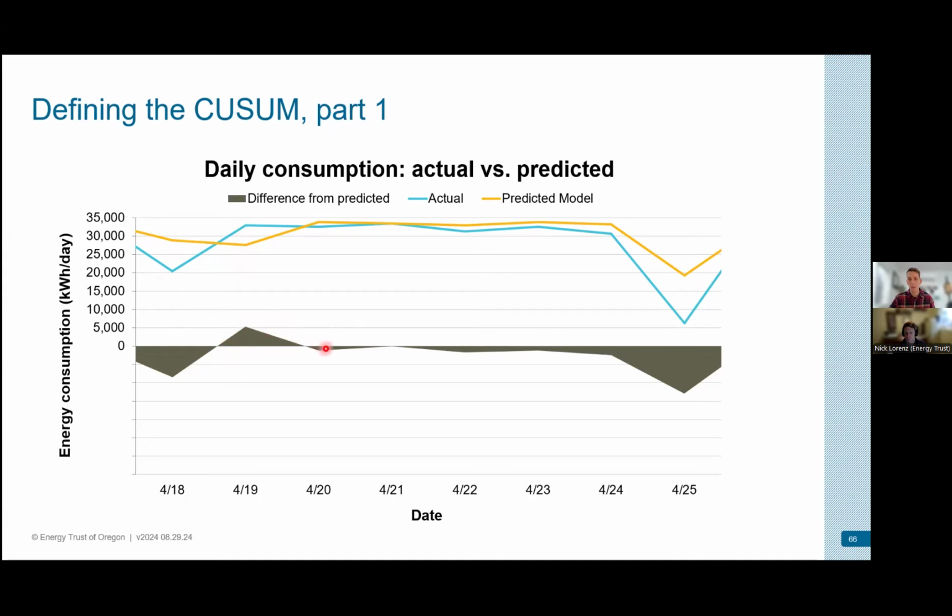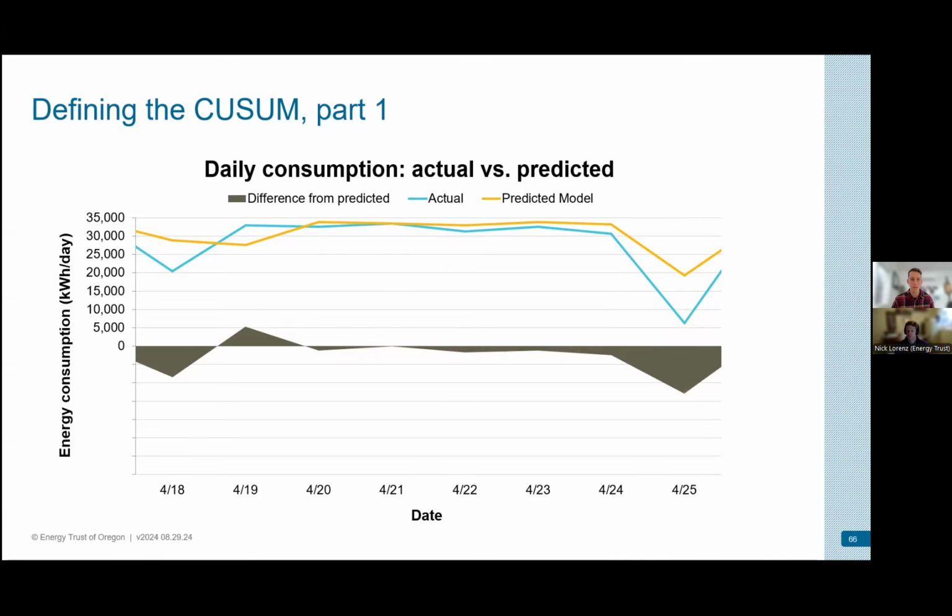They then go into a several day period where the two are very close. Now, actual is generally below predicted, so we see a very narrow band for daily savings until the end of this series when they have this huge drop in actual. So they've got a very large daily savings rate. So all that's being communicated here is daily savings over the course of the week.